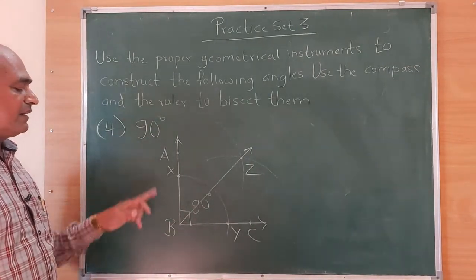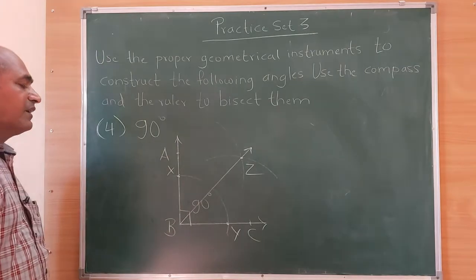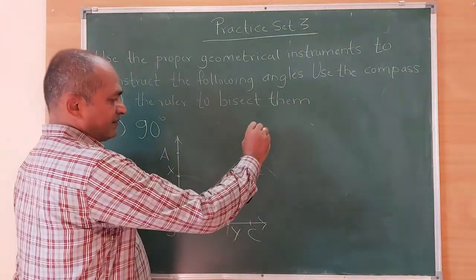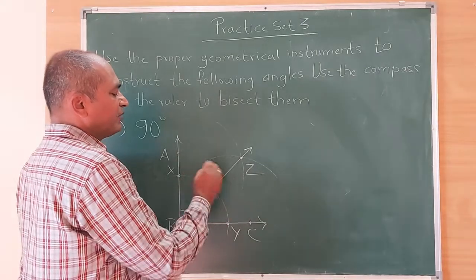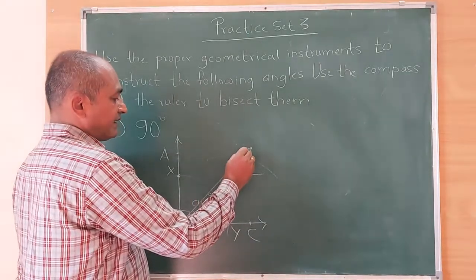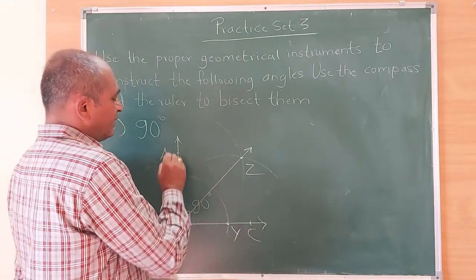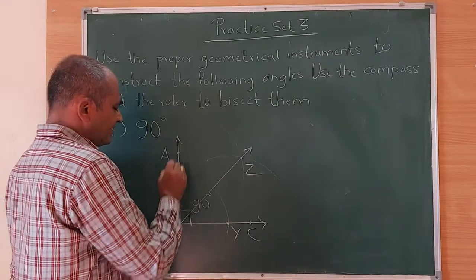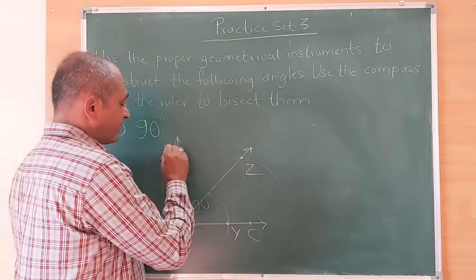Now angle ABC is 90 degrees. Because of this bisector BZ, we are getting 2 angles now, angle ABZ and angle ZBC. So can you take a guess, children? What will be the measure of angle ABZ?